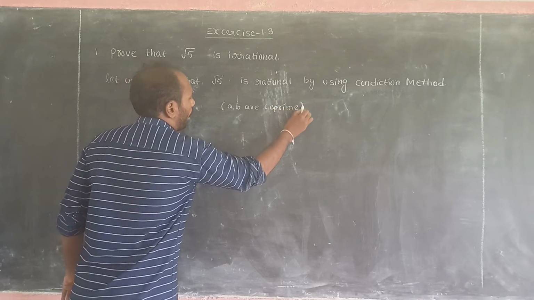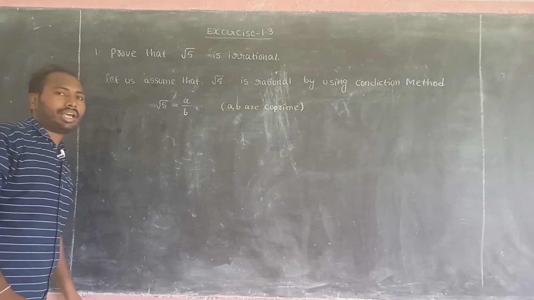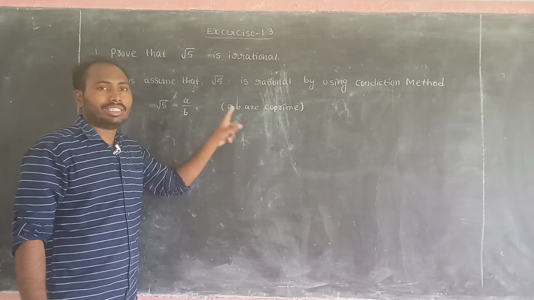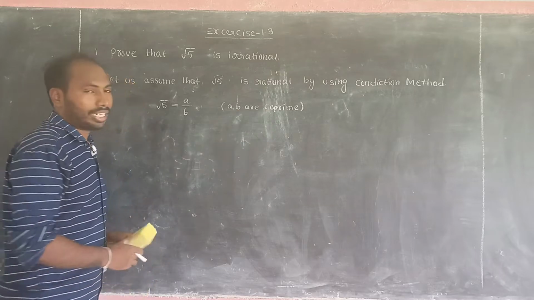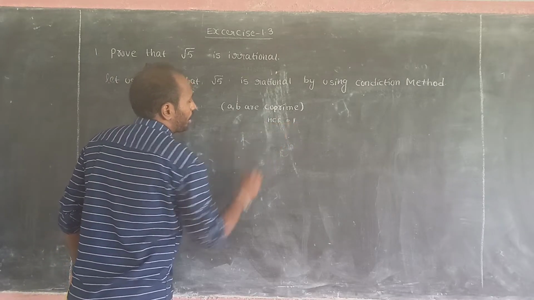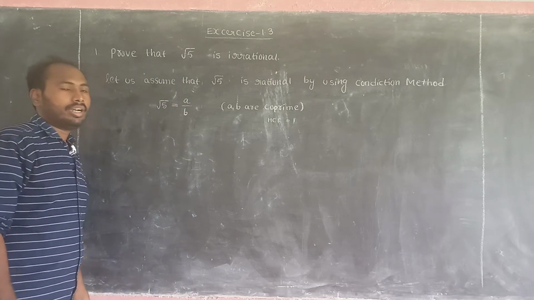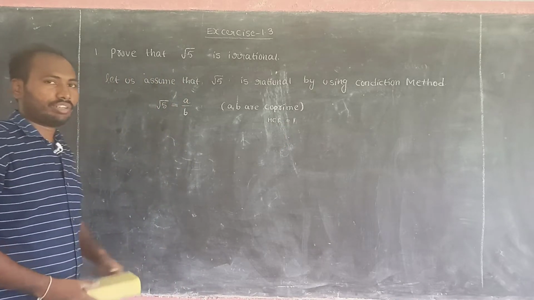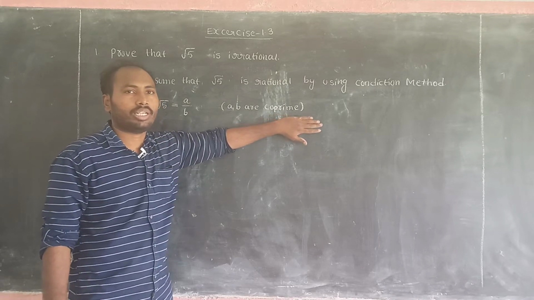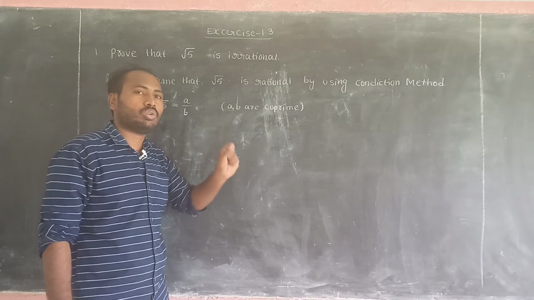What is co-prime? They have only one common factor. Co-prime means the HCF of A and B is 1. So the only common factor is 1.